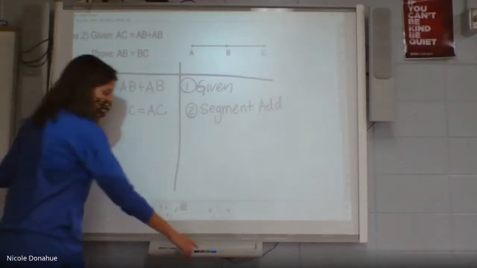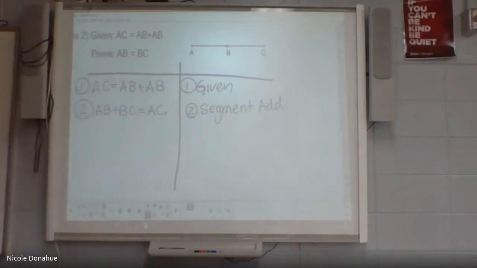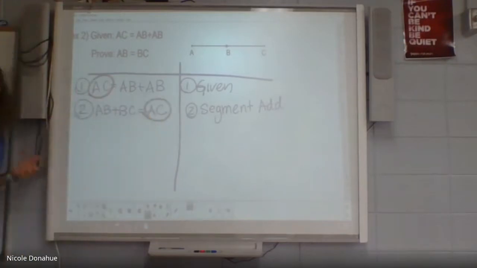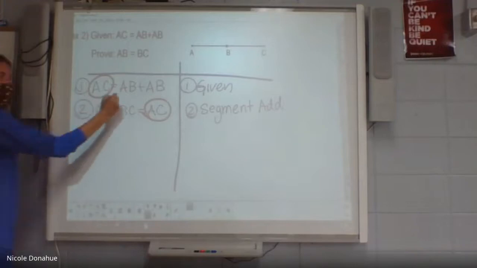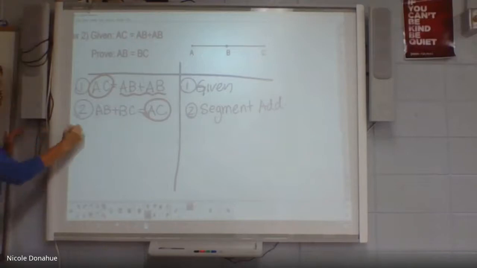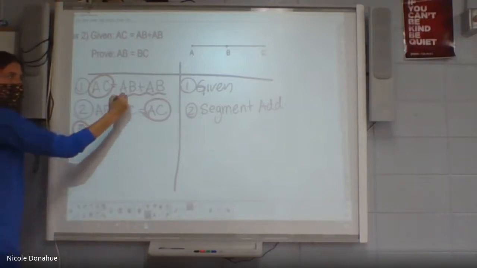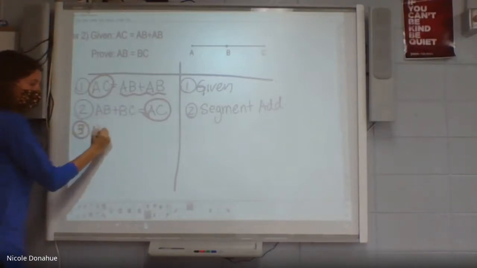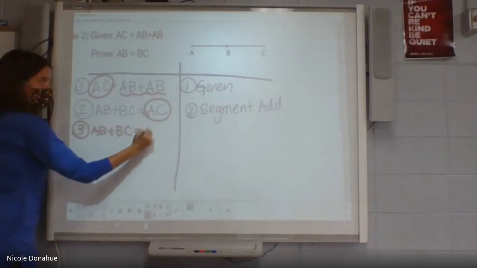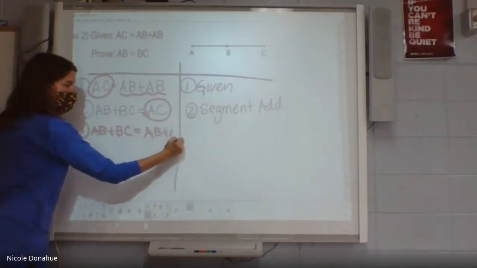What's that? We don't know that yet. We know these are the same length, right? AC is equal to itself, right? So if I know this equals AC, yes, I can say that AB plus BC equals AC, but that actually equals AB plus AB.